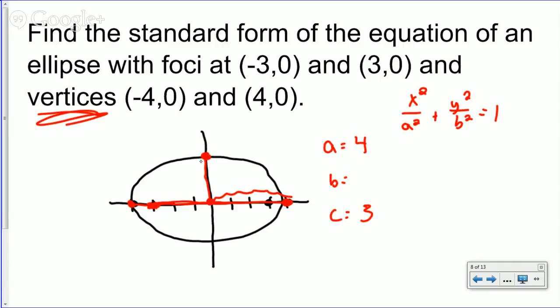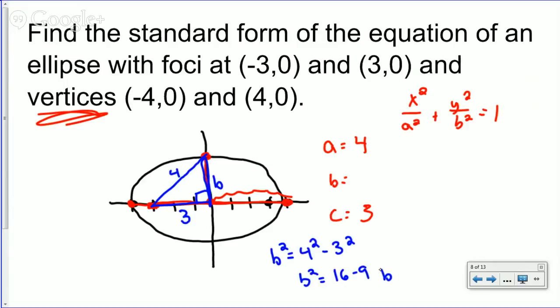So drawing on here, if I want to know what is this distance, b, I got this distance here, which is 3, and this distance here, which is 4. I got that right triangle again. Okay. Well, using Pythagorean theorem, I know that b squared equals 4 squared minus 3 squared. So that's b squared equals 16 minus 9.